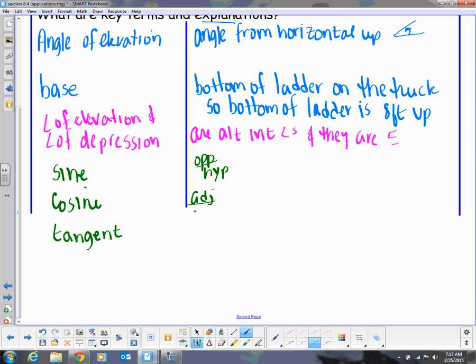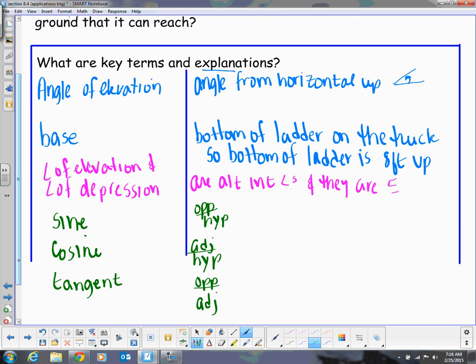Adjacent over hypotenuse, and tangent, opposite over adjacent. Okay. How many people know this without looking at the notes now? Good news is you're going to have that on your reference sheet on the DOC. That's one of the few things they're going to give you. Am I going to make you memorize them? If they are going to give them to you, I'm not going to make you memorize them. If they have not given them to you, would I?